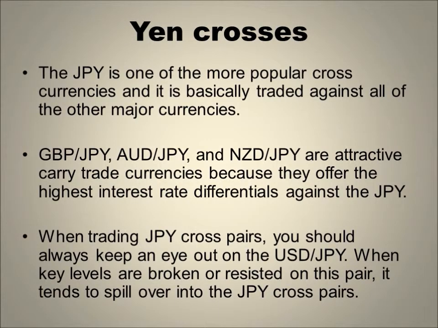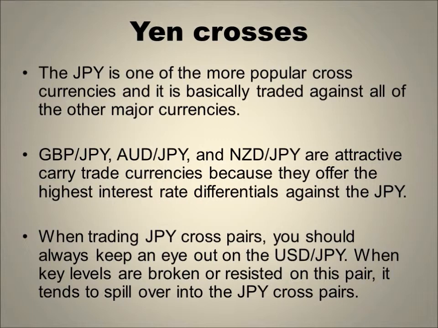Okay, and now let's talk about yen crosses. The Japanese yen is one of the most popular cross currencies and is basically traded against all the other major currencies. Well, that makes sense because the value of one Japanese yen is significantly lower than the value of $1, €1, 1 franc, £1. Well, you get the idea.